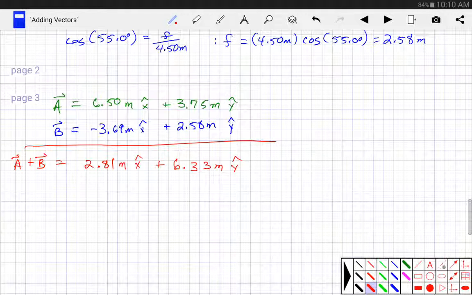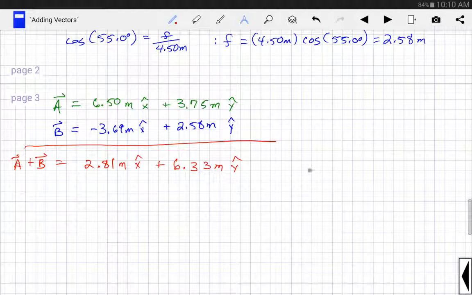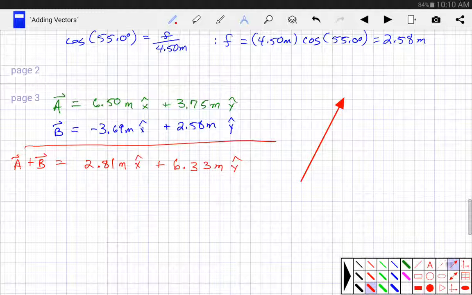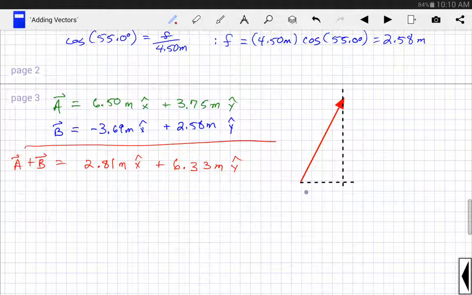Well, I have myself a triangle. You can tell these lines aren't perfect, it's the idea that counts. So I have here 2.81 meters, here 6.33 meters.